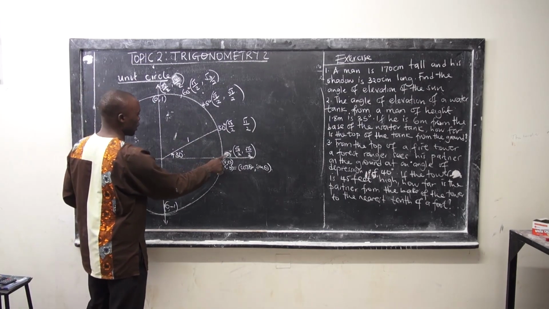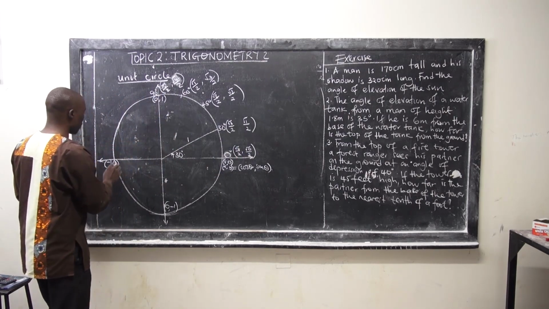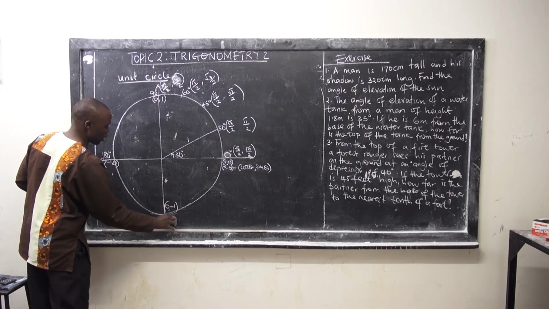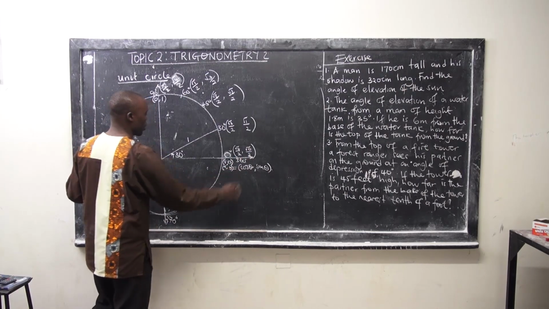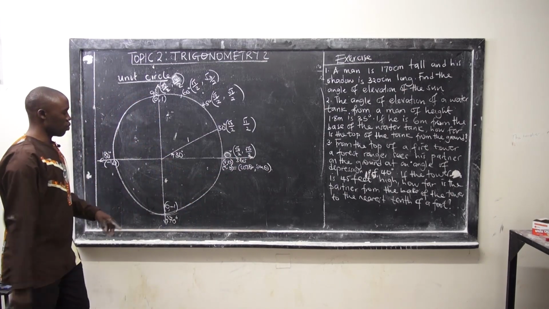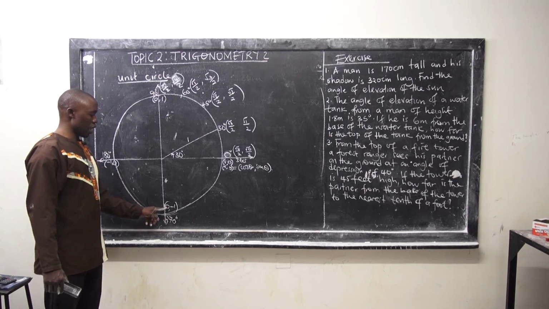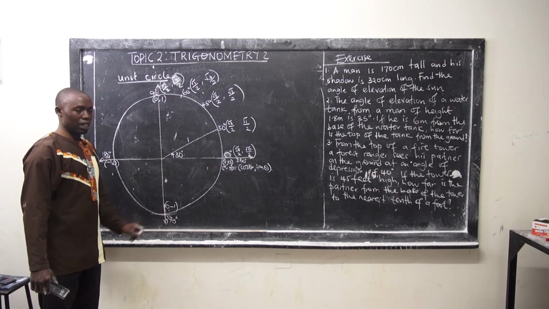Then if this is the 0 angle, from here to here is 90 degrees, then this is 180 degrees, then this is 270 degrees, then back here 360 degrees. So we can realize now that cos of 270 is 0, while sine of 270 is negative 1.